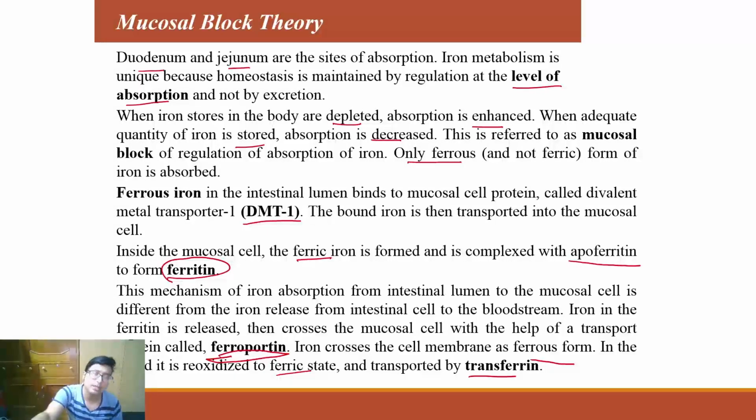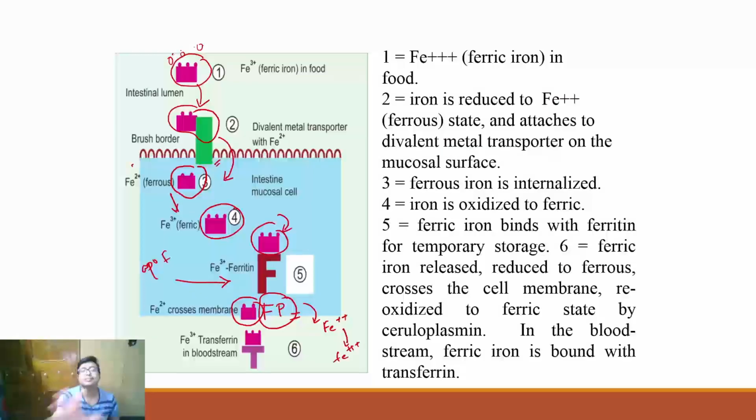This may sound difficult, but please students, just go through this diagram and it will be very easy for you to understand. Transferrin, as the name suggests, transfers iron. Now that iron is bound with transferrin, it will go to wherever there is a requirement. It may be required in the bone marrow, or in the muscle for myoglobin.